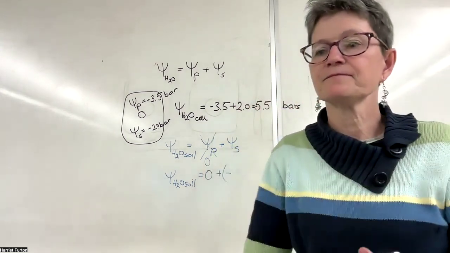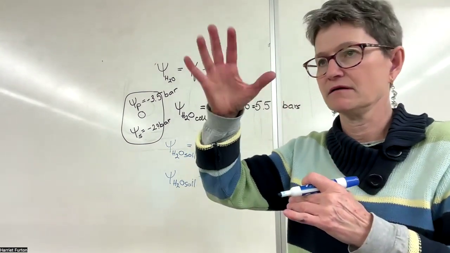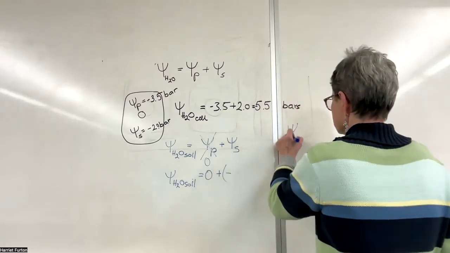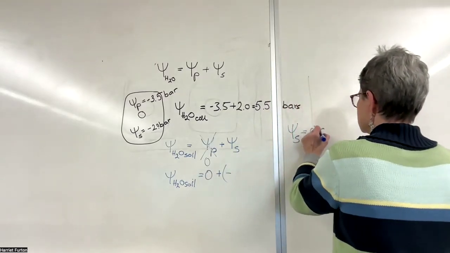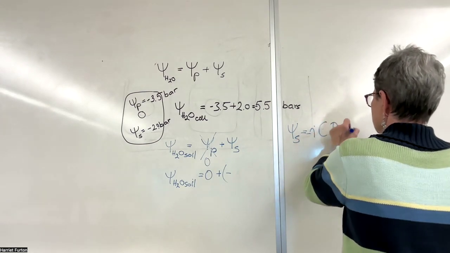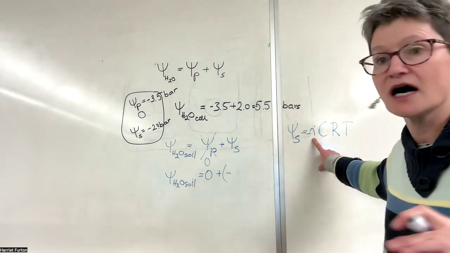solute potential. You can get it from the AP biology formula sheet, is minus iCRT. The i is going to be the ionization constant.